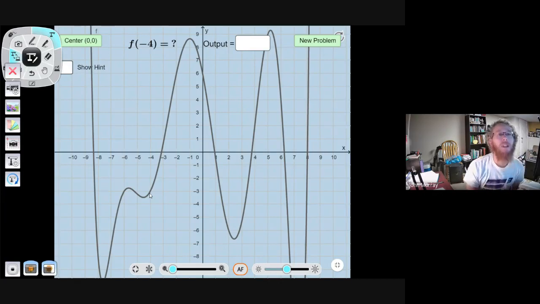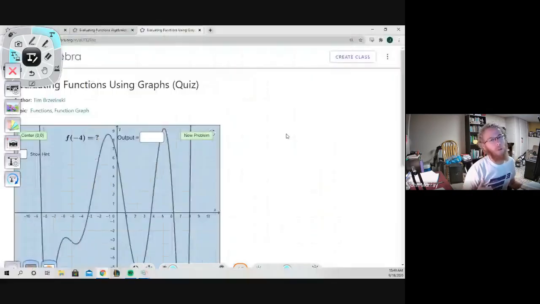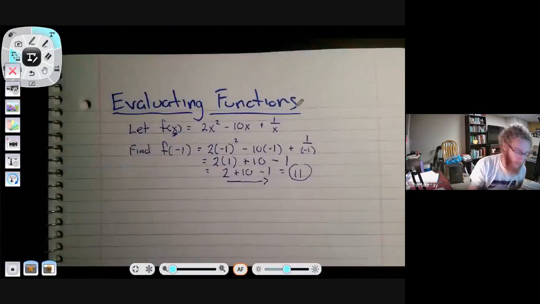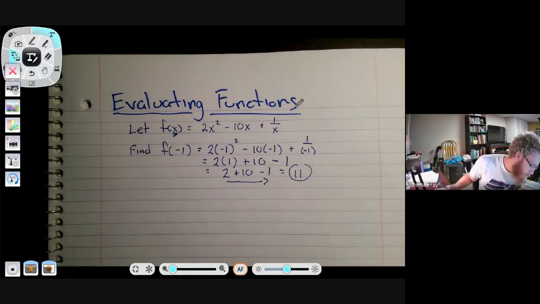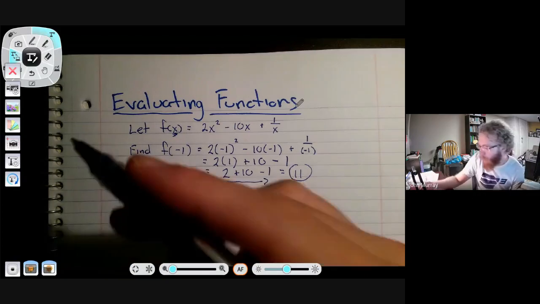Good. Okay. So what we'll see at the end of this year, when you guys are in AP Calculus, is something a little different. All right, let me pick a slightly easier function, and we'll take a look at it.